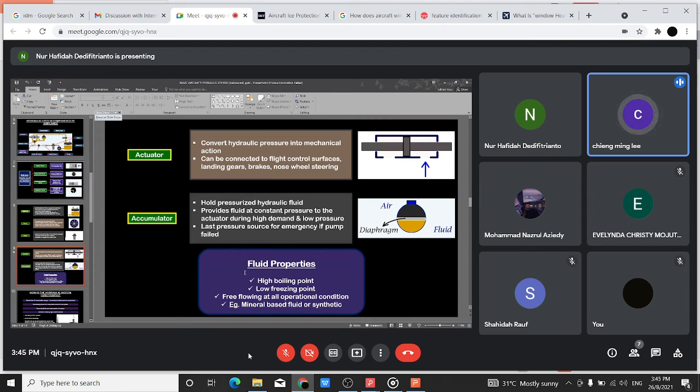The diagram, and we have to pressurize half air, half fluid by the system. Right. Because this one is mainly used for the landing gear system, right?